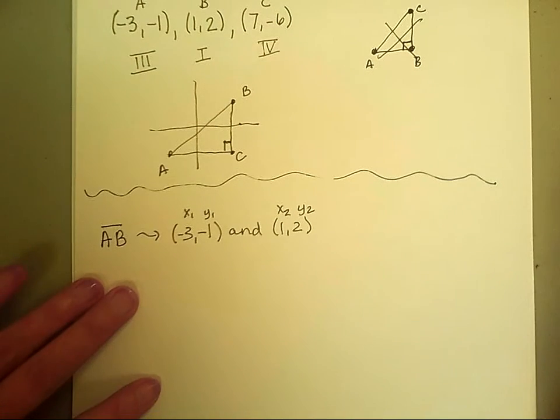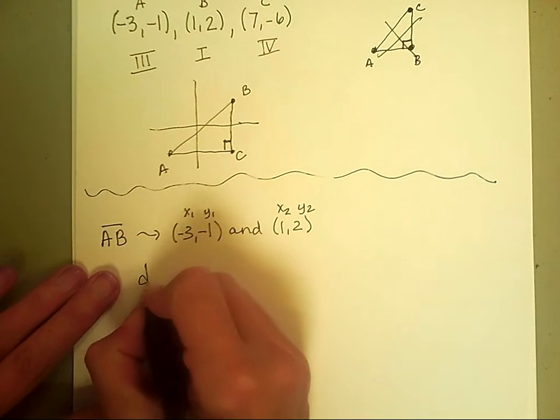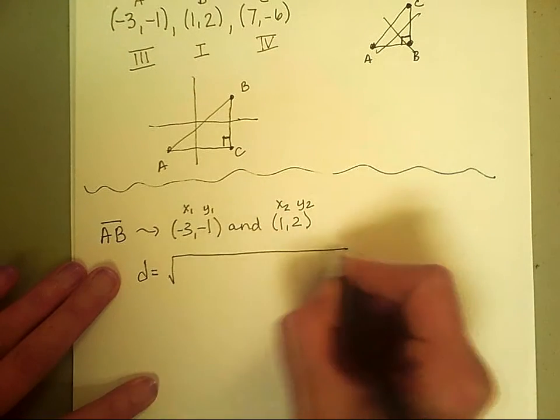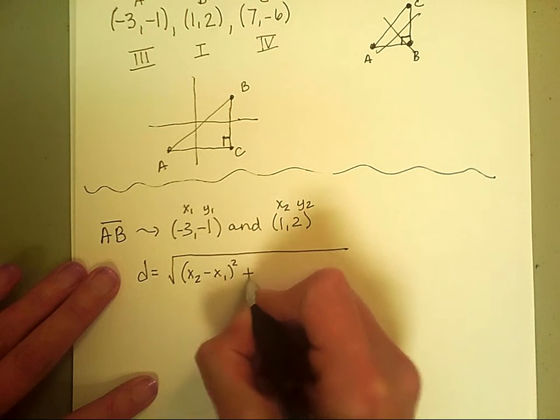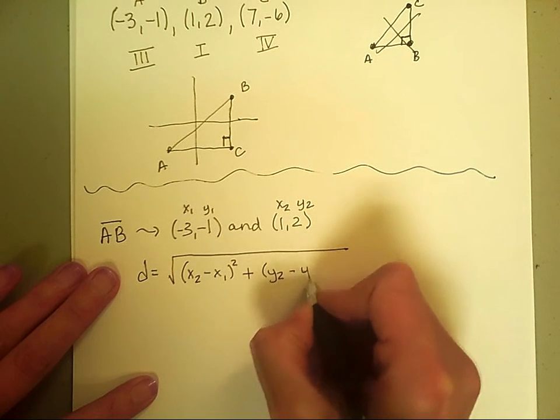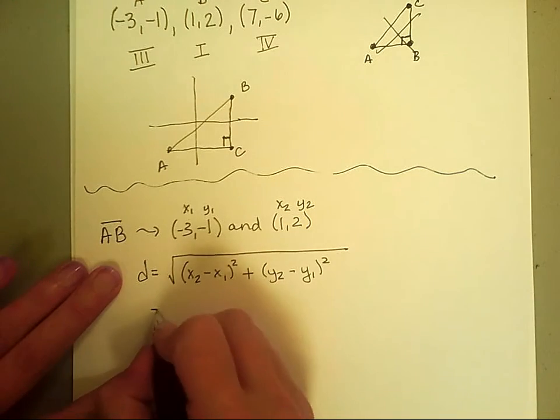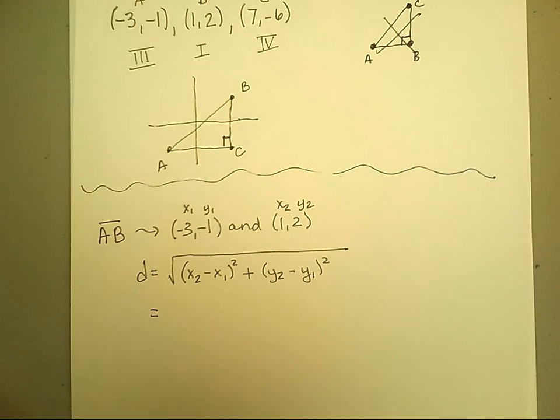Remember, this is just a sketch to help us understand. We know distance is equal to the square root of x2 minus x1 squared plus y2 minus y1 squared. So now let's fill it in.